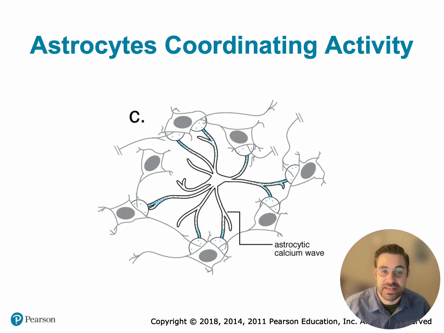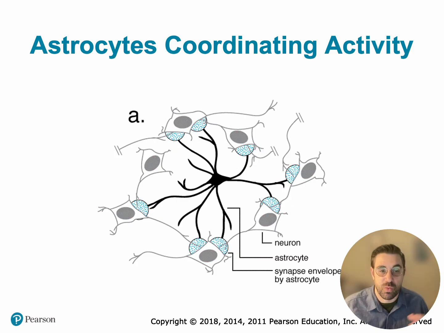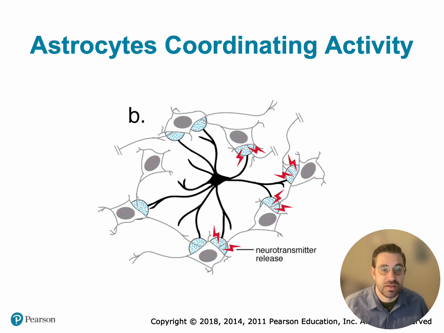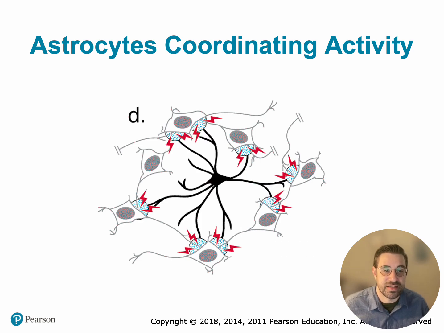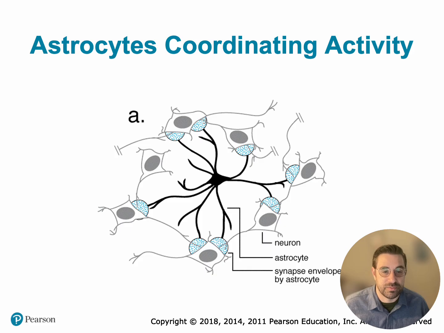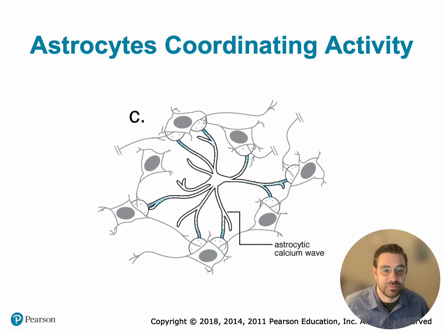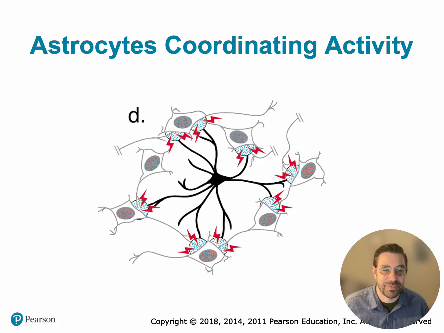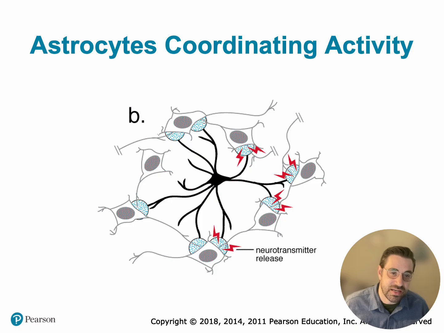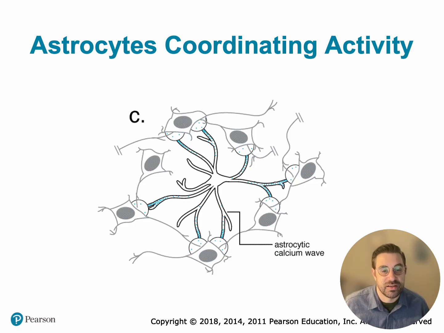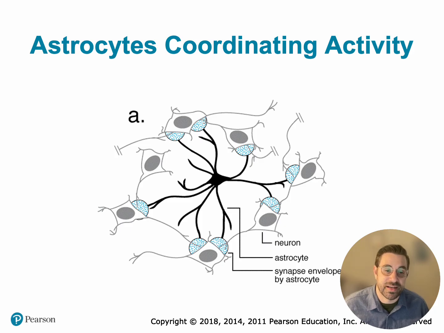Here's an astrocyte in action. Go ahead and watch this GIF on your own, but we'll watch it happen a couple of times through. You can see that you've got neurons on the outside here that are sending signals, and here's the astrocyte in the center. An action potential happens, and the neurons send signals in this chain, but you can see that there's a calcium wave running down the astrocyte that is then going to coordinate action.